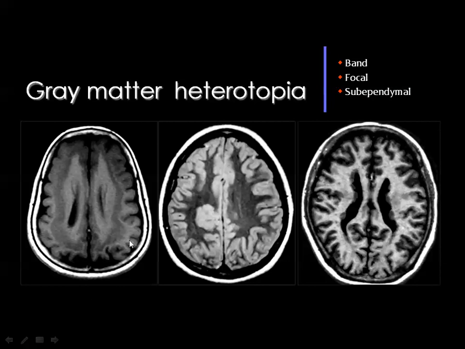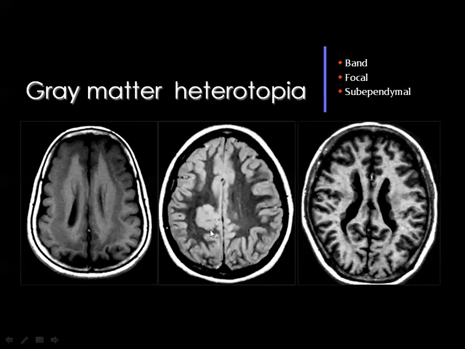The first one we have finished is the band heterotopia, or the double cortex, in which some of the cells migrated to the cortex, while others rested before reaching the cortex, forming a band of gray matter underneath the original cortex.